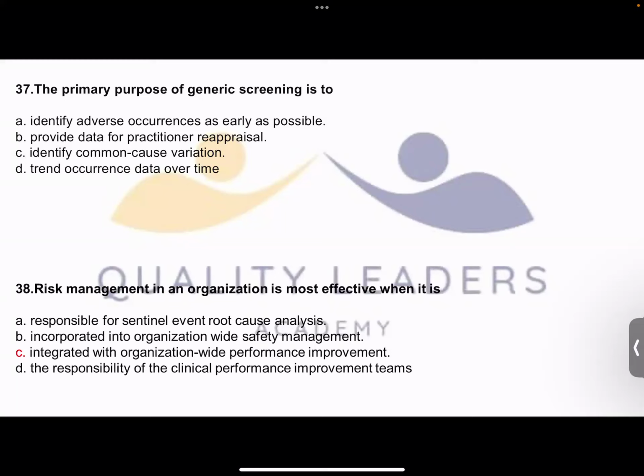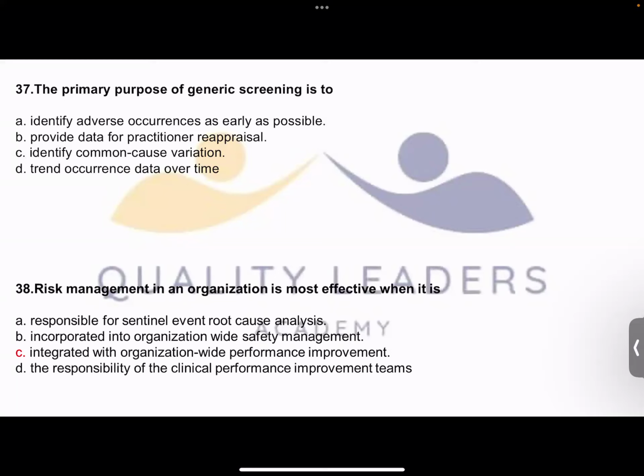Letter B is wrong because generic screening focuses on identifying events or patterns, not on individual practitioner performance. Letter C is wrong because common cause variation refers to inherent system variations, typically identified through statistical process control, not generic screening.